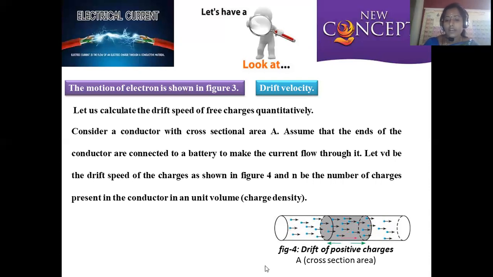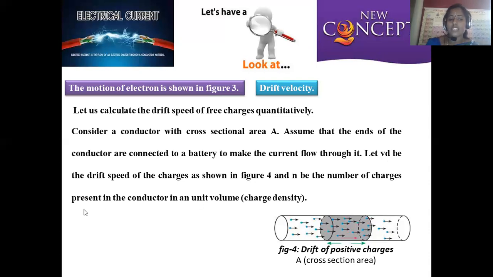Here, we are taking the conducting material and here hypothetical material was inserted, which is called a cross-sectional area denoted with the A. Now, these two ends are connected with the battery so that electrons are moving in this direction. So these electrons are moving with the constant speed called Vd. Vd is denoted as a drift speed.